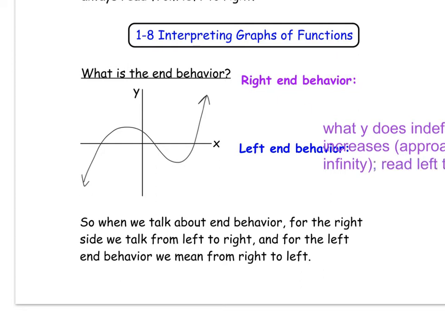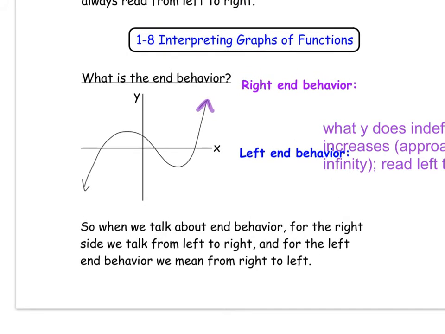Indefinitely, it's going to increase, so we can see that the arrow is up. This is how we're going to write it for an answer. For this specific graph, we will say as x approaches positive infinity, so that part means we're talking about the right end behavior, y approaches positive infinity.